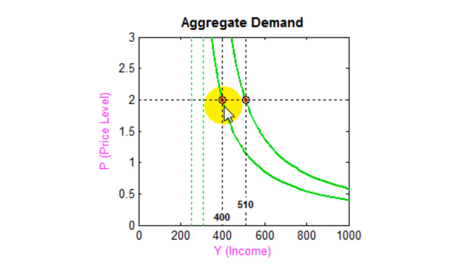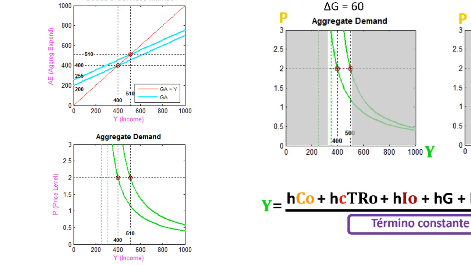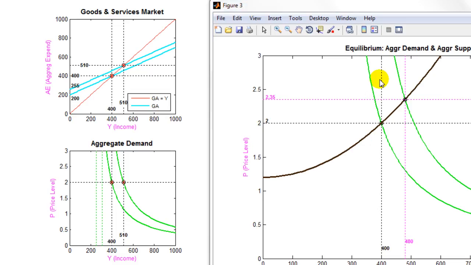This is what happened with the assumption that the price level is constant. Now, the aggregate supply curve is not flat, is not horizontal, so we don't go from this point to this point, we go from this point to this point, and the price level increases from 2 to 2.35.